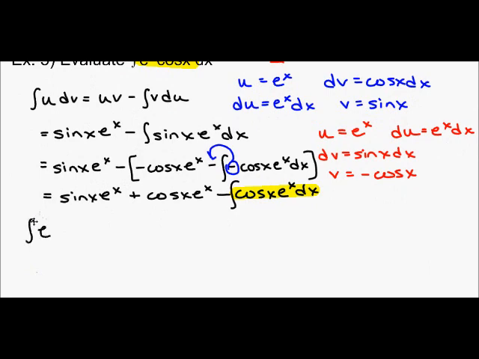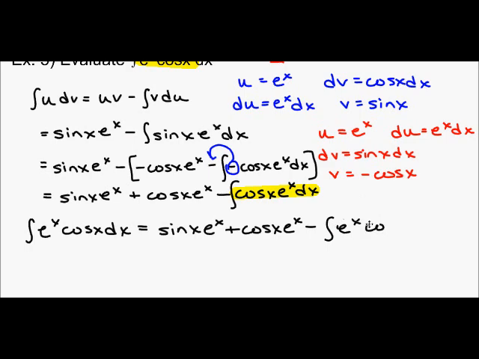We have our integral of e to the x cosine x dx equals sine x e to the x plus cosine x e to the x minus the integral, and I'll write it the same way, e to the x cosine x dx. And again, those are the same. So I'm going to do things a little bit differently. I'm going to actually add this integral to both sides.